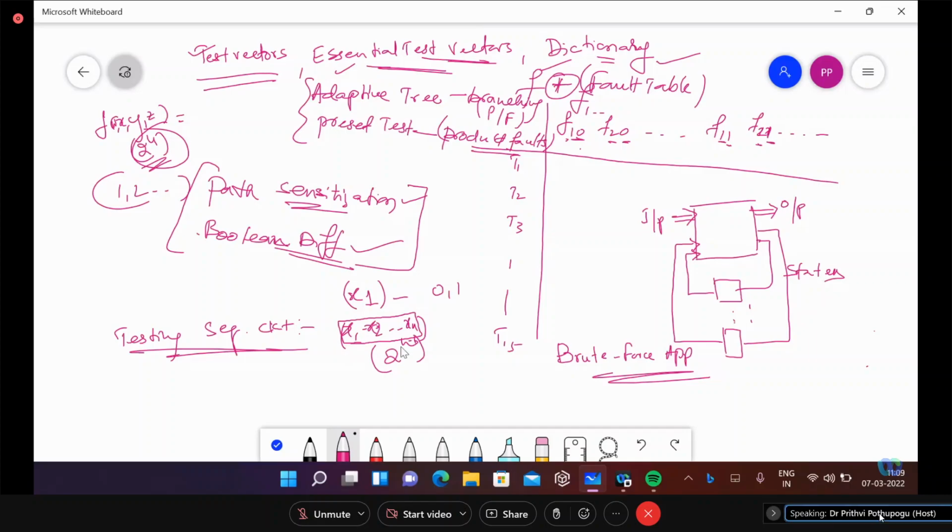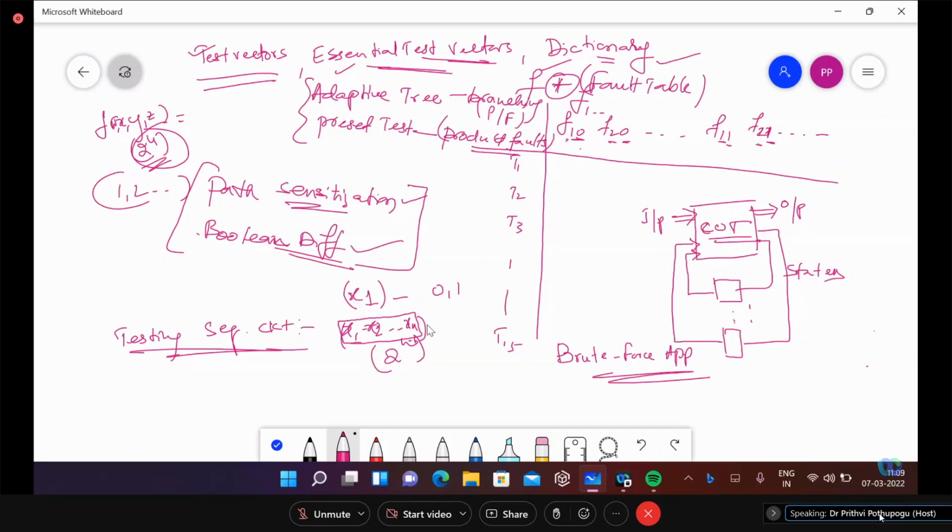Okay, you apply this to the circuit under test. Normally we say this is CUT, circuit under test. We need to observe the output sequence. If the output sequence is correct, we pronounce that the design is perfectly working. Here you need to repeat.